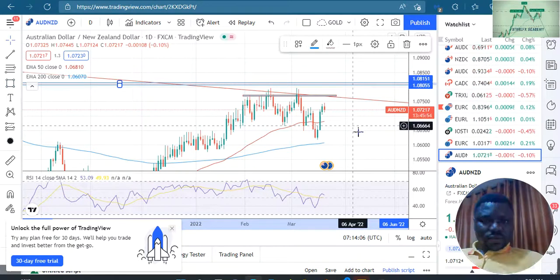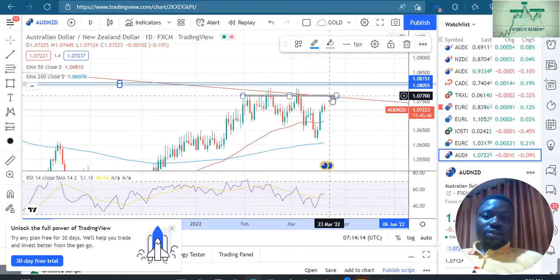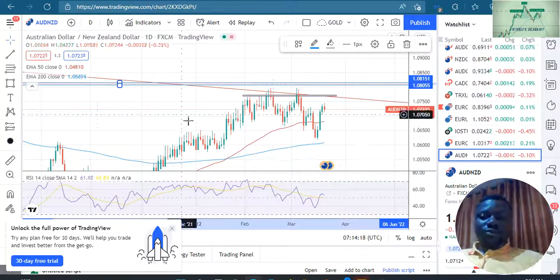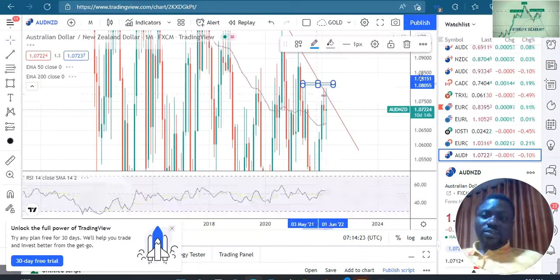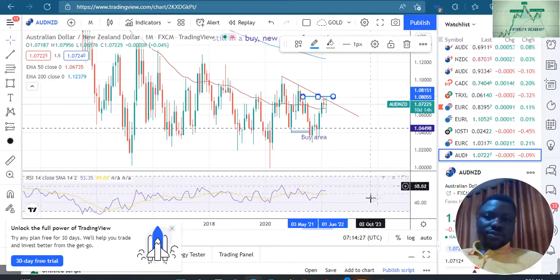So hopefully to see it come into this area. By then it will still be touching the channel to make a triple top, then drop. So we will not ignore this particular AUD NZD. We will not ignore it.